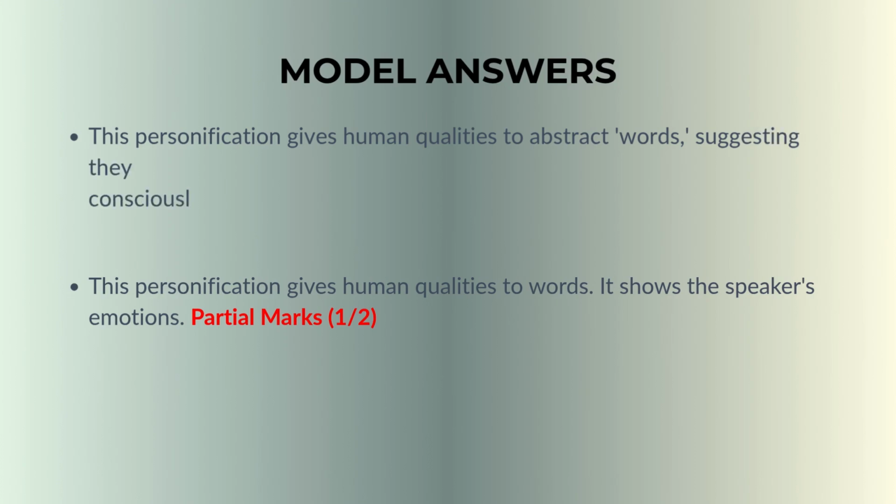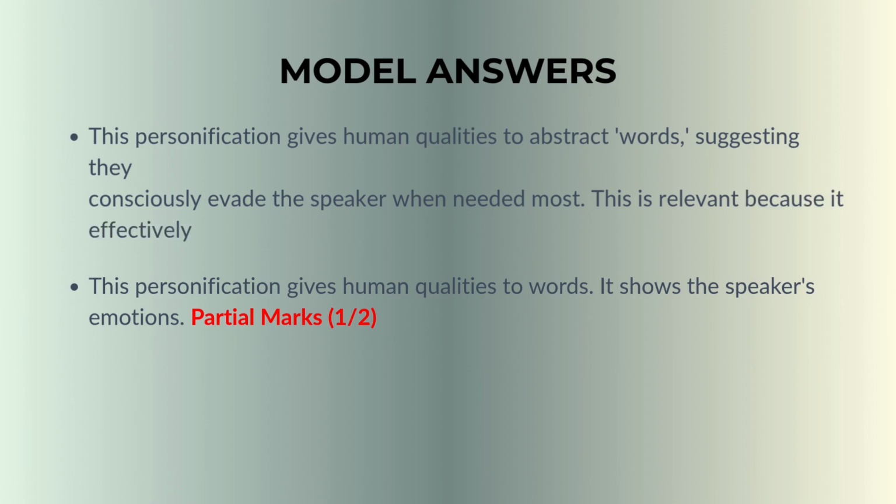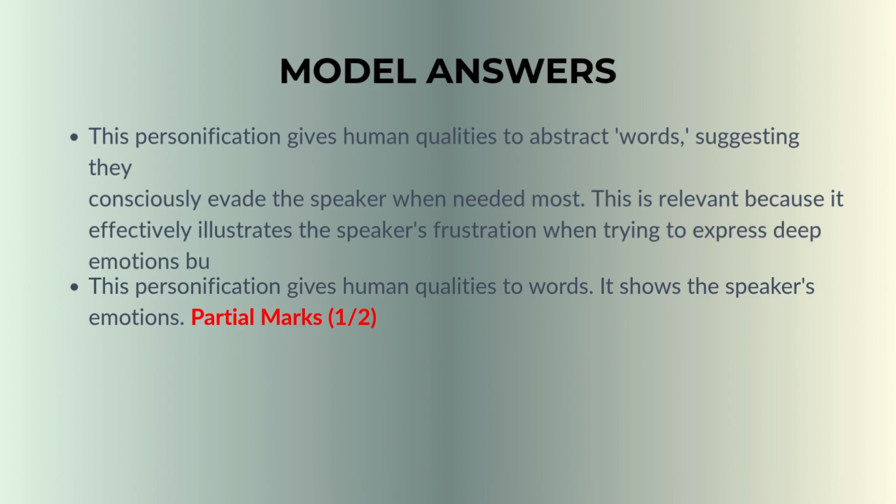For you to get full marks, you will write something like, "This personification gives human qualities to abstract words, suggesting they consciously evade the speaker when needed most. This is relevant because it effectively illustrates the speaker's frustration when trying to express deep emotions but finding language inadequate."